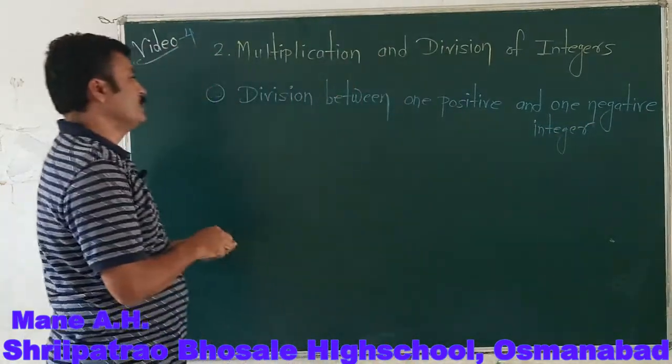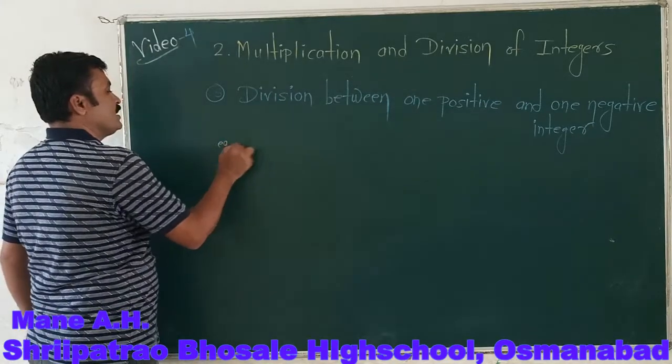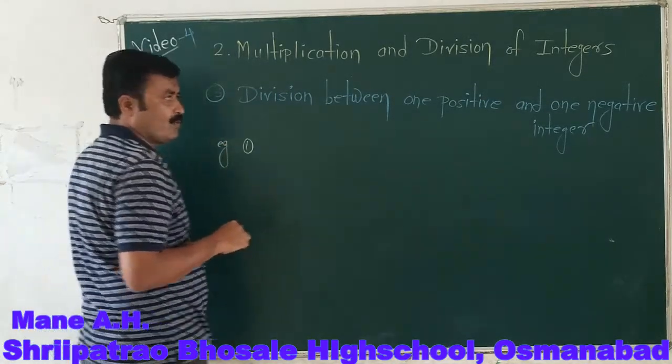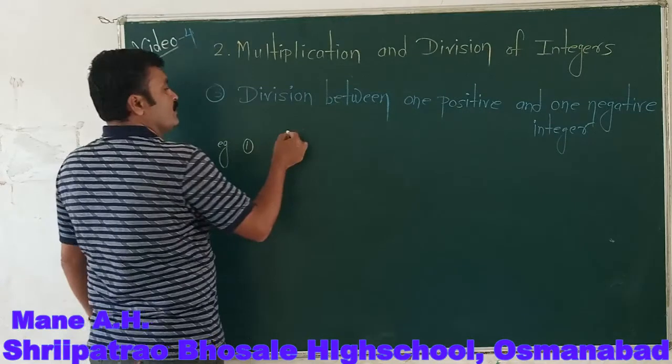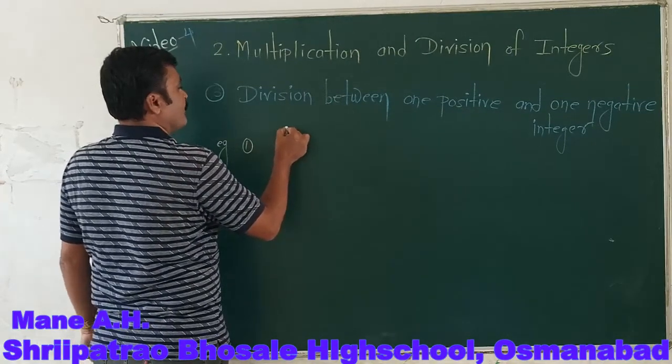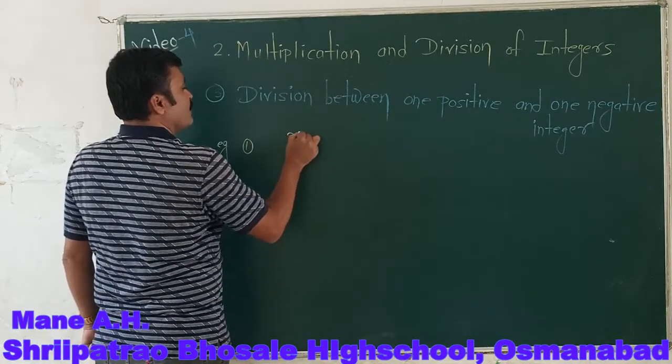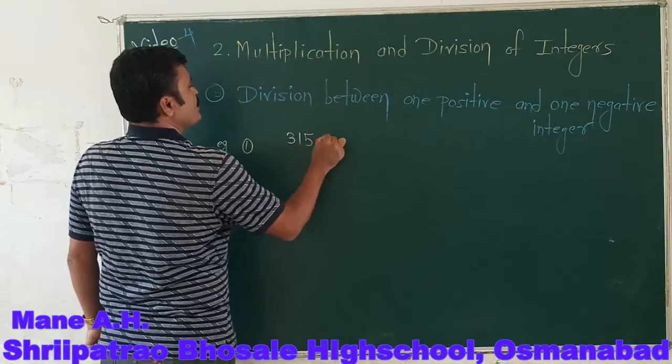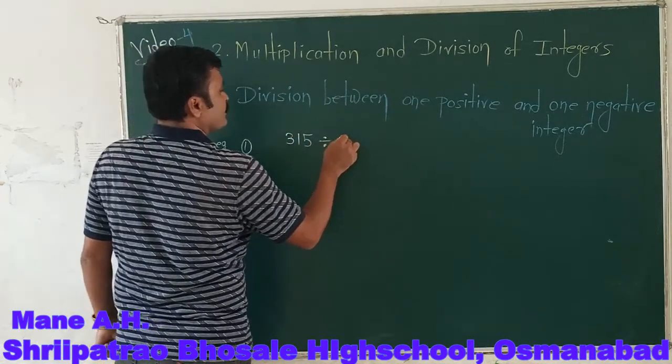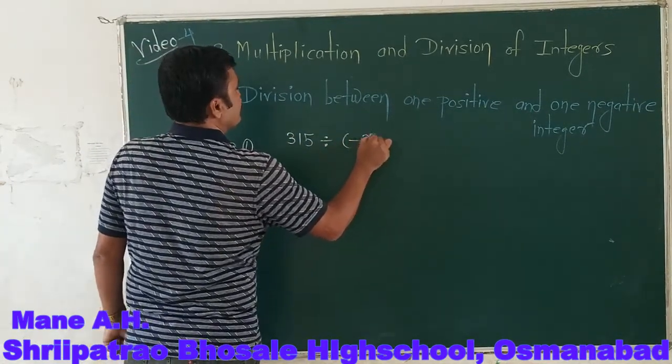So here for this condition, I am taking the first example in front of you. That's in this way: 315 divided by -3.